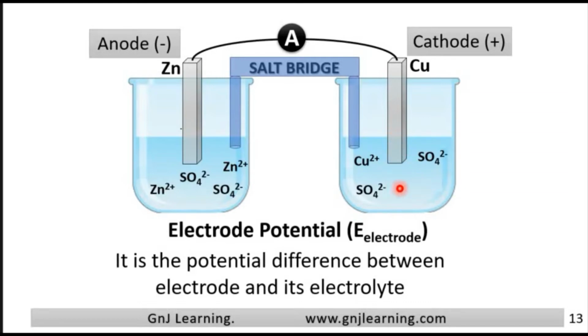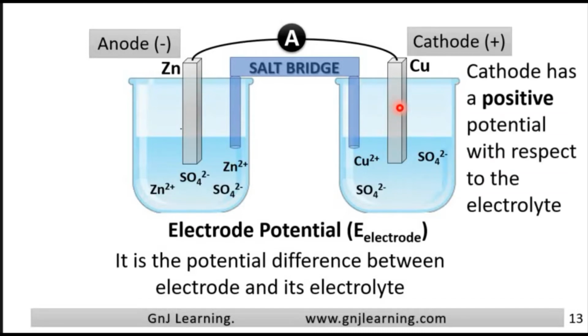Now the solution has turned negatively charged. So with respect to the electrolyte, Cu has a positive potential. The Cu2+ that is reduced here passes its positive charge onto this electrode, and the solution becomes negative. So the cathode has a positive potential with respect to the electrolyte.